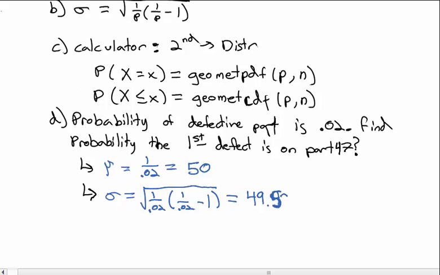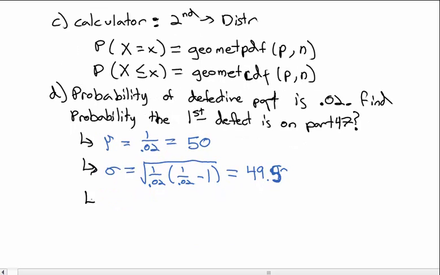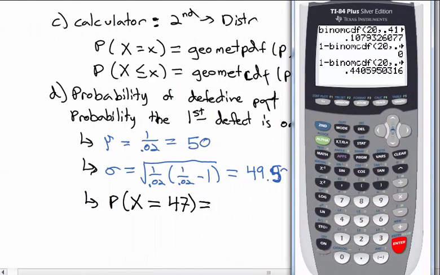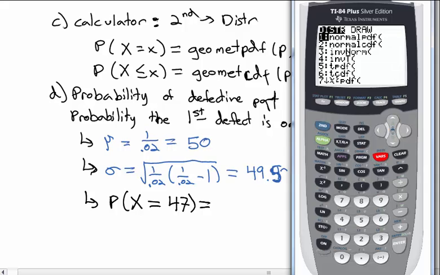So now let's actually answer that question. First defective part is part 47. We're asking for the probability that x is equal to the 47th part. On our calculator, again, we'll hit second, distribution. Up is the quickest way to get there, and actually the last two, you notice, are the geometrics. Because we want x to equal 47, we're going to go to the PDF.